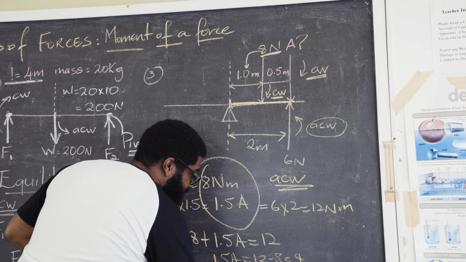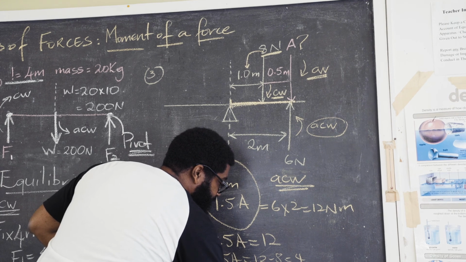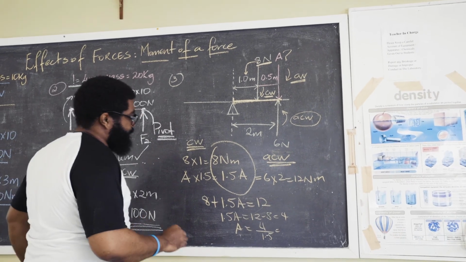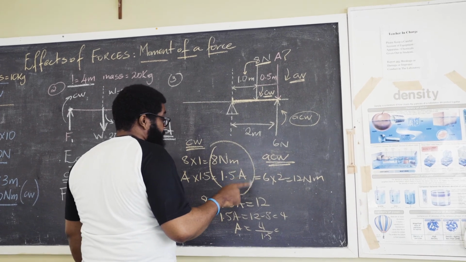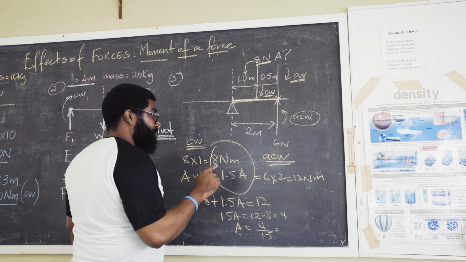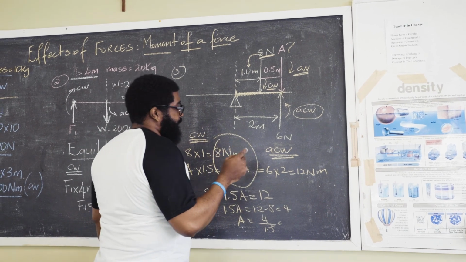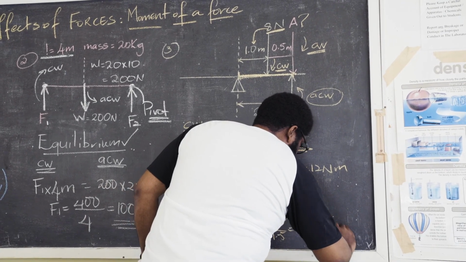A is equal to 4 divided by 1.5. 2.67, I believe. Let's see, 3 upon 2. I'm just going to do it by fractions. 4, yeah, 2.67. 2.67 newtons.